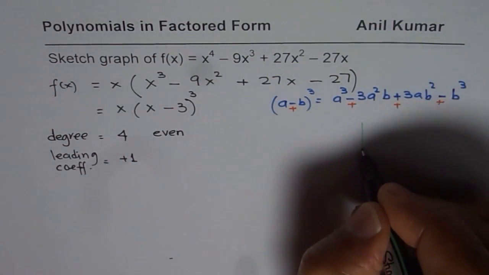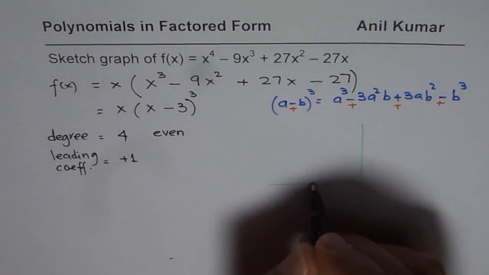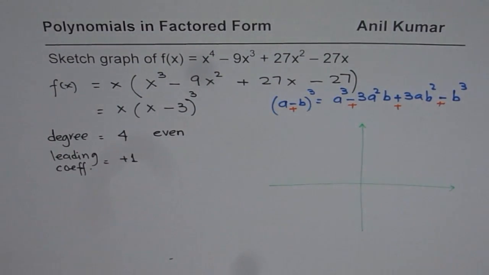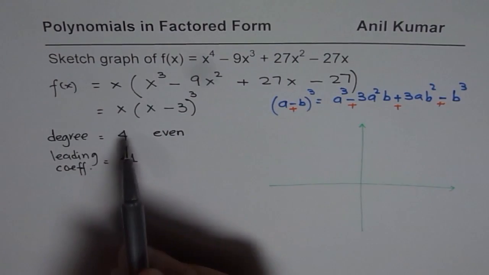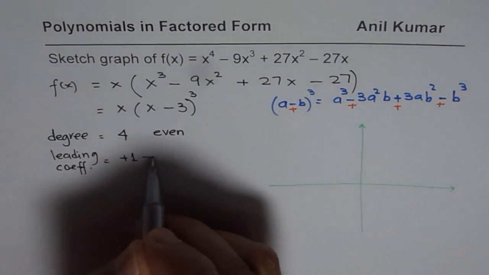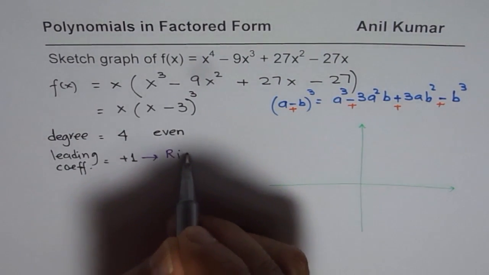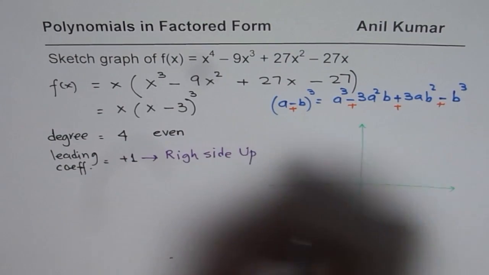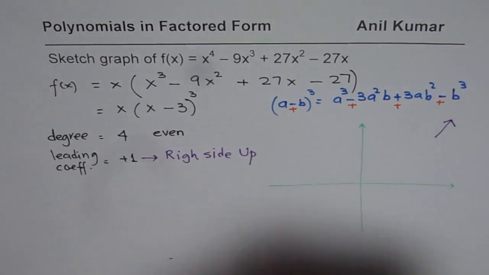These two things decide the end behavior. So let us show it on the graph itself. Let's say that's the coordinate plane, x and y axis. When we say that degree is 4 and leading coefficient is positive, positive leading coefficient means right side up. That means the graph will end here, right side up, right?